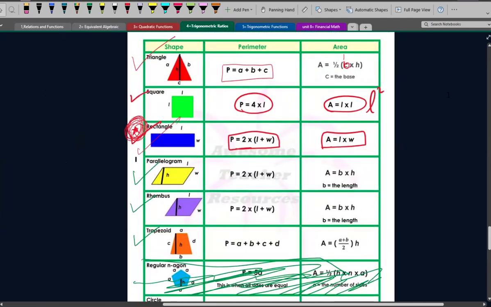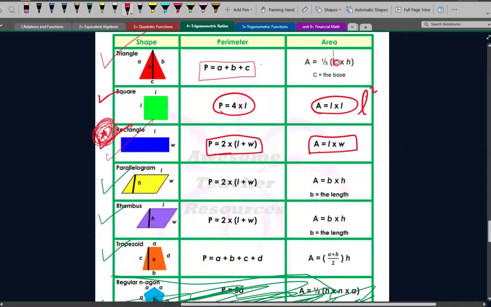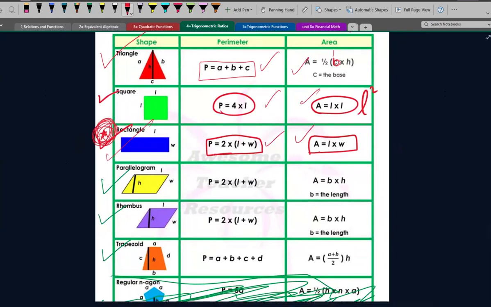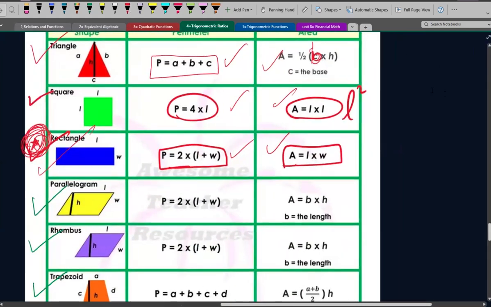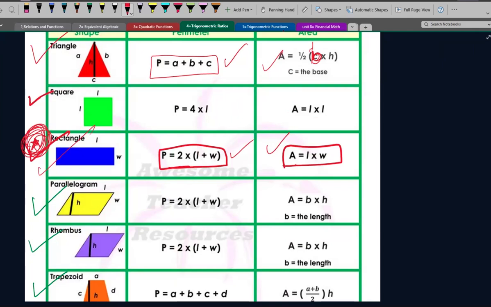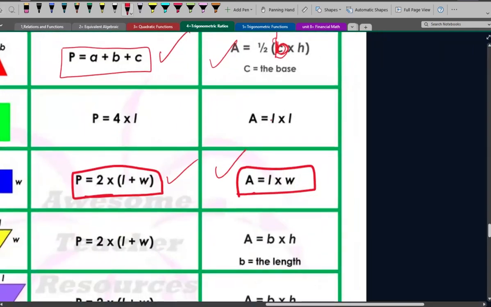Okay, if this is the choice, you have these 6 formulas. What's going to be your favorite formula? The square one. And may I know why? I think because it is the easiest one.